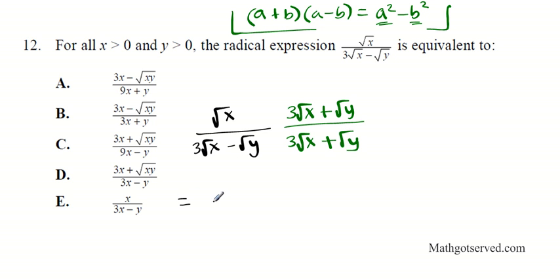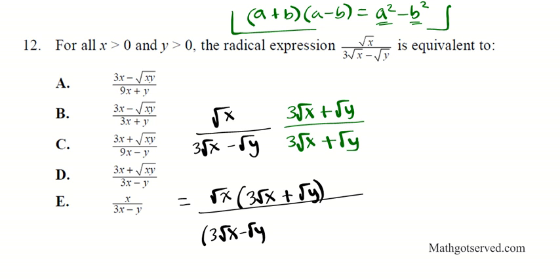In the numerator, we're going to be doing the square root of x multiplied by, well, let me write it this way so you don't get confused, 3 root x plus root y. And then in the denominator, we're going to have 3 root x minus root y times 3 root x plus root y.